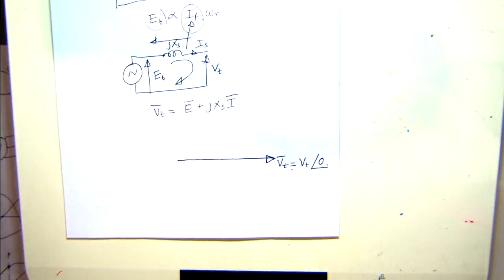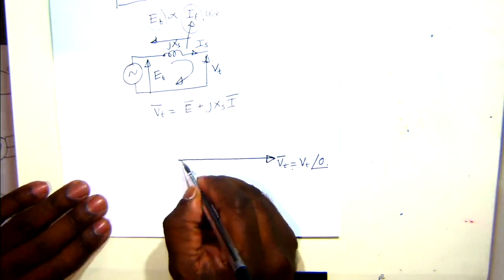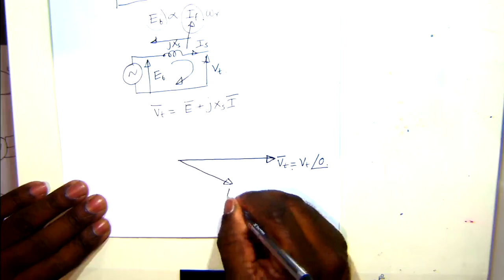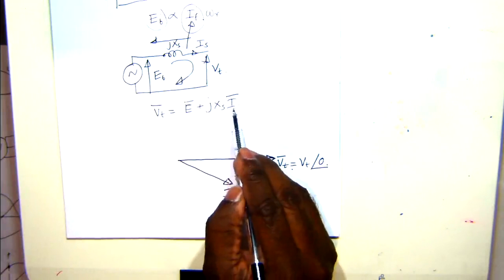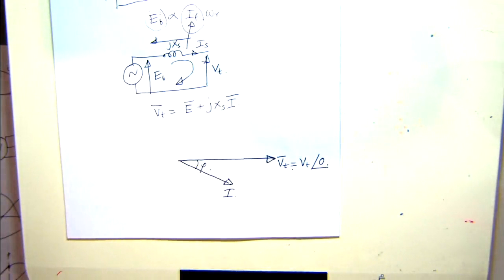Let's say, for example, you have a lagging current I, lagging by a power factor angle of phi.